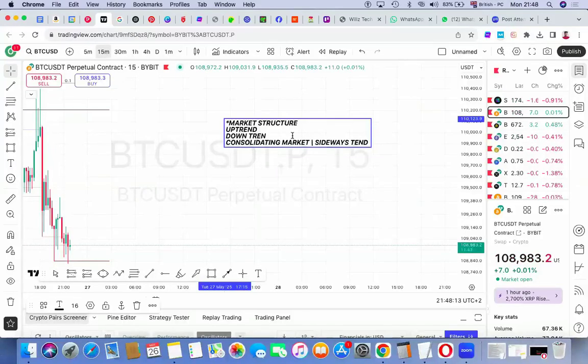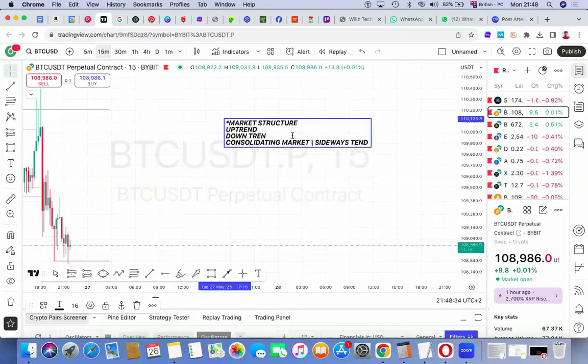So in a downward trend, we would always see the market break structures to the downside. But then the last type of market that we see is a consolidating market or a sideways trend, which is the case in which the market is actually indecisive.